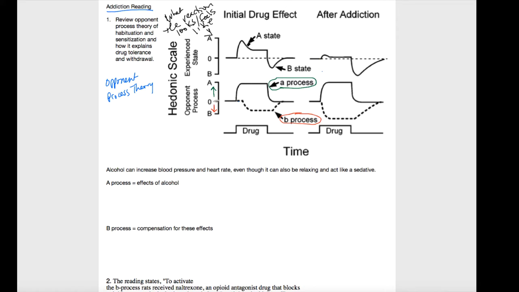And as we can see, what is felt and experienced varies dramatically between the initial experience versus after repeated experience. So in the case of drug use, here we have the initial drug effect, or after repeated drug use where there's been some amount of addiction going on. And we can see that the first time, the initial experience, there was a big A state.